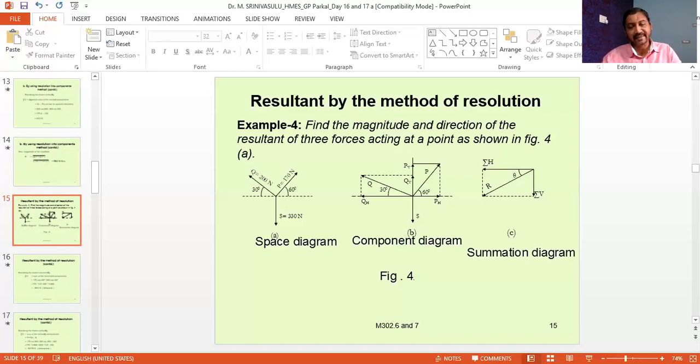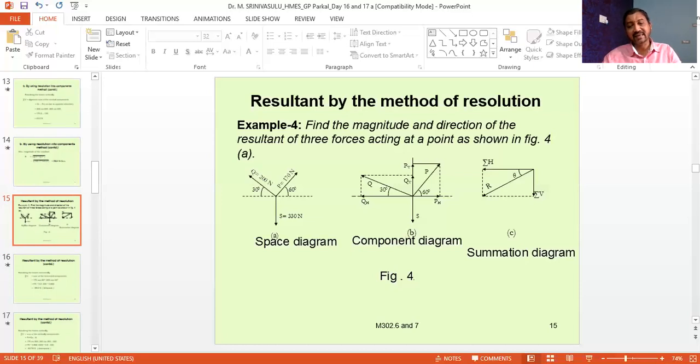And for the force S, it is a vertical force. The horizontal component of this vertical force is 0, because S into cos 90 will become 0, since the cos 90 value is 0. Whereas the vertical component of S is equal to S into sin 90.